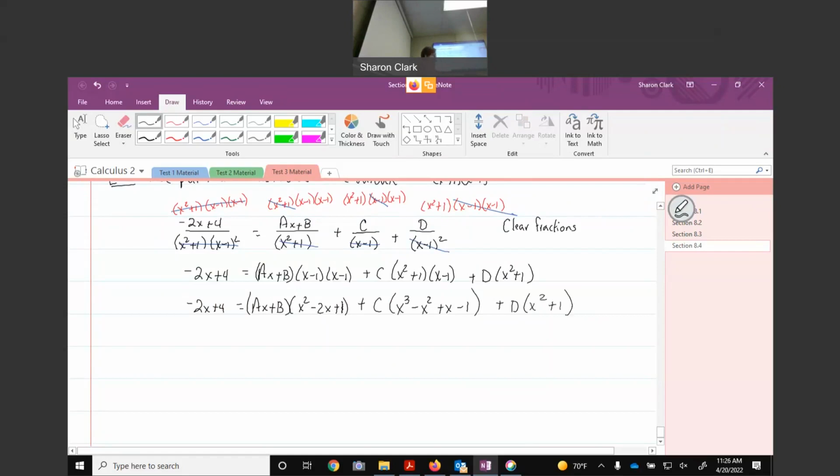FOIL again. First times first, x cubed; outers is negative x squared; inners is positive x; last times last is negative 1. Now I still have to multiply again.